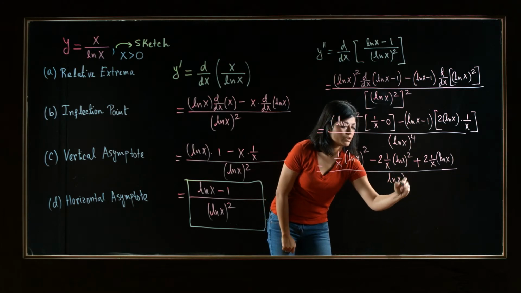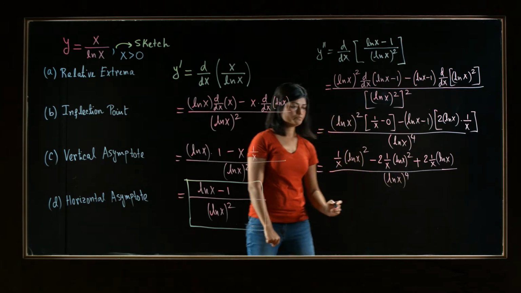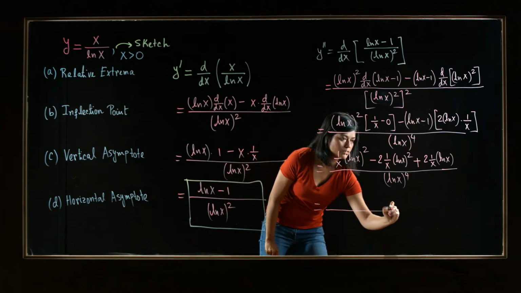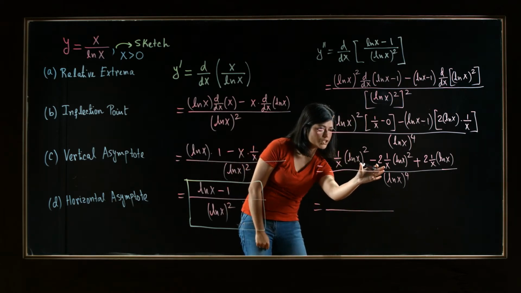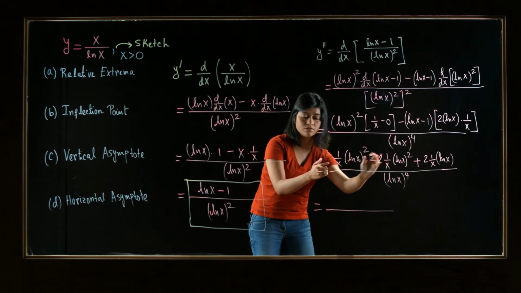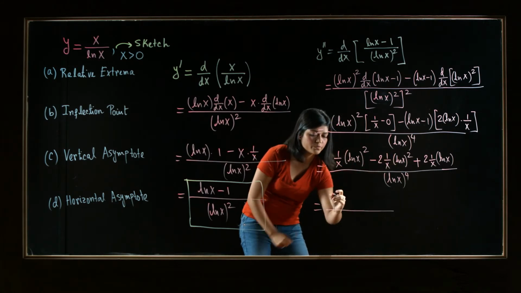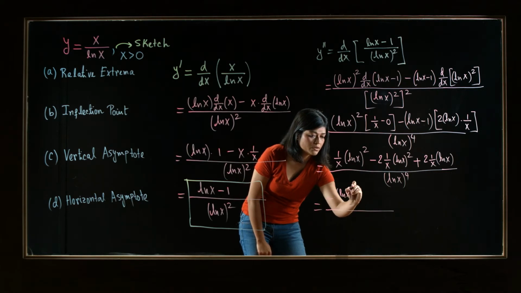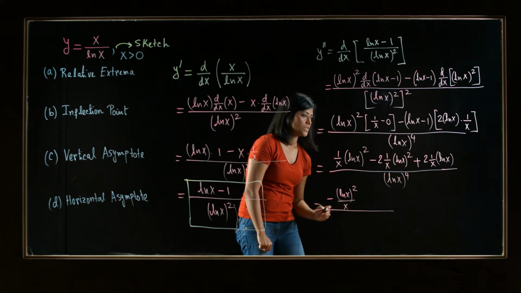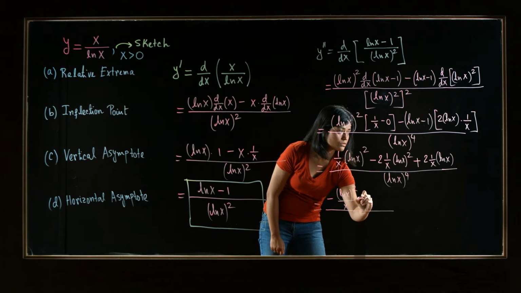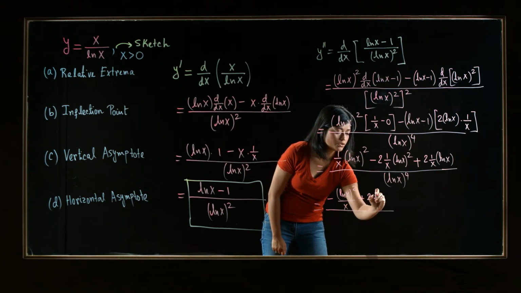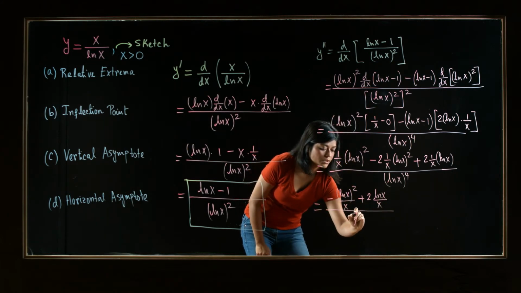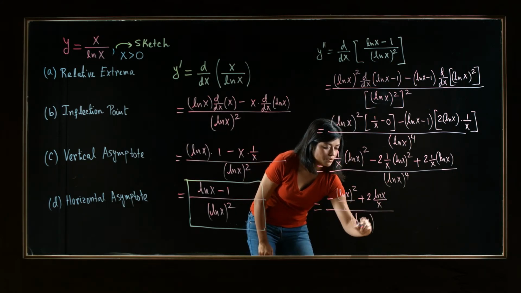And in the denominator, you have natural log of x to the power 4. Notice that the first 2 terms are similar. This is 1 minus 2, so it will be a negative natural log of x squared over x, and then a plus 2 natural log of x over x. And the denominator is natural log of x to the power 4.